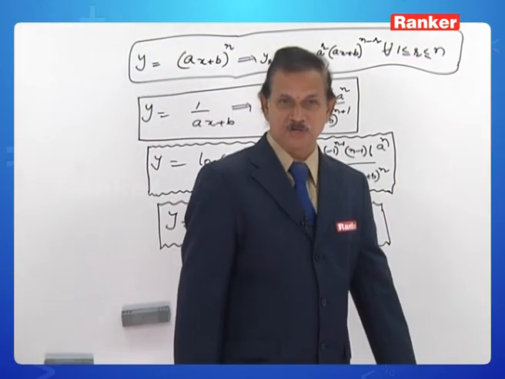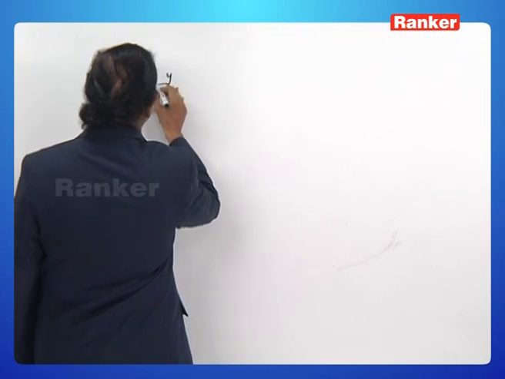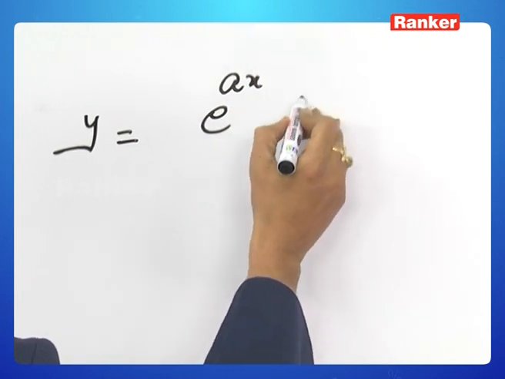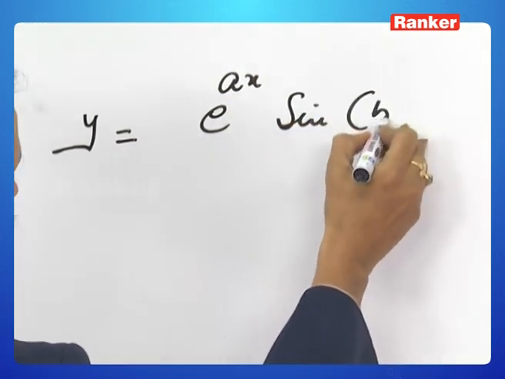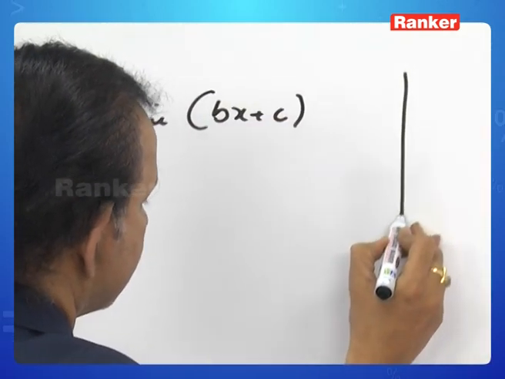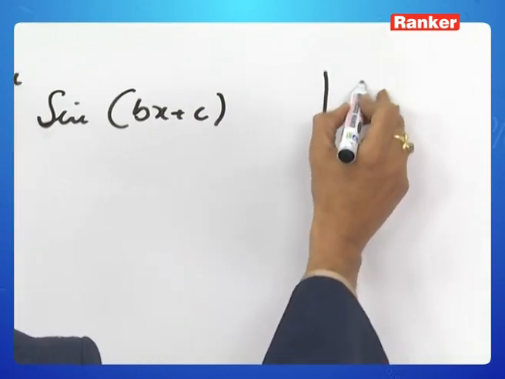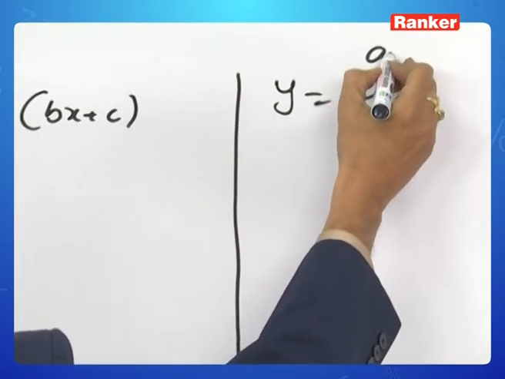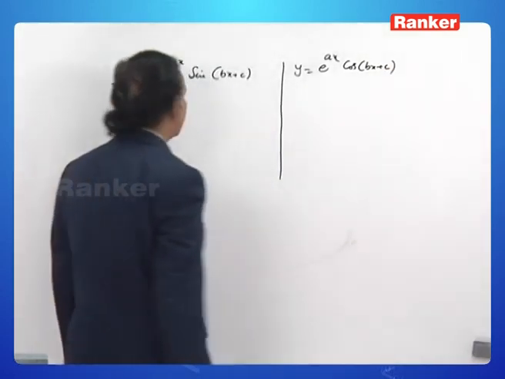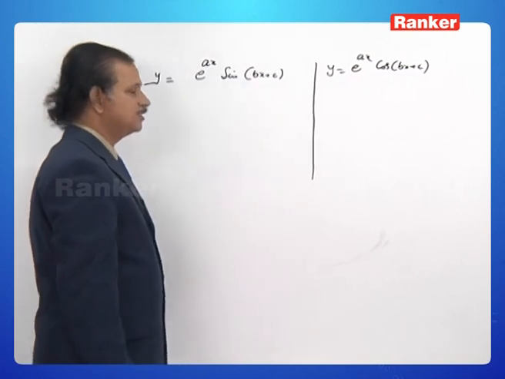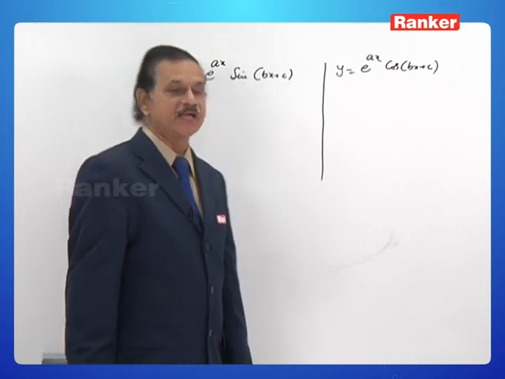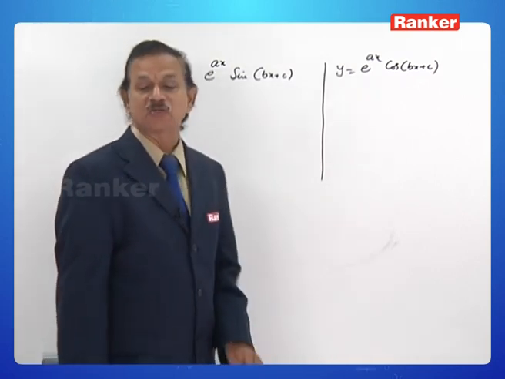Let us now quote them. Consider these two functions at a time, that is y is equal to e power ax into sine (bx plus c) and y is equal to e power ax into cos (bx plus c).